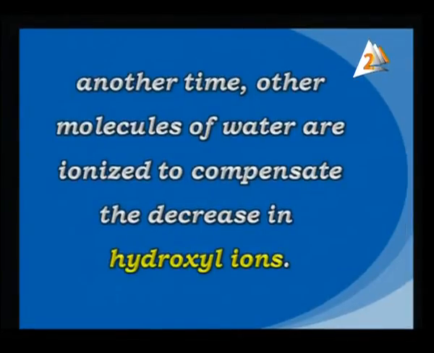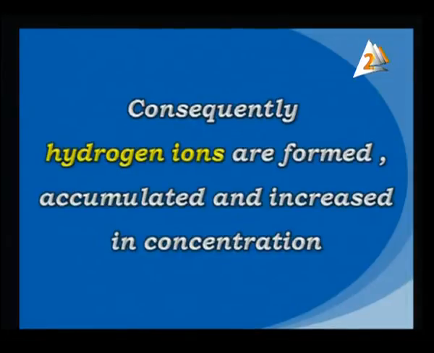Why? Due to the Le Chatelier principle also. So the hydroxyl ion replaces the amount of water that ionized. Also, we can say hydrogen ions are formed, accumulated and increased in concentration.